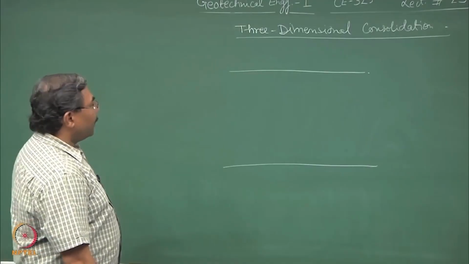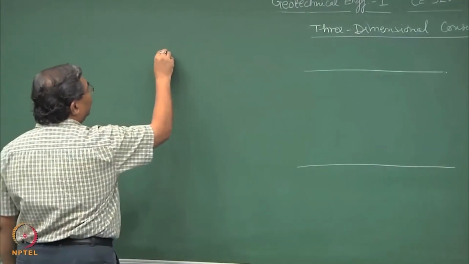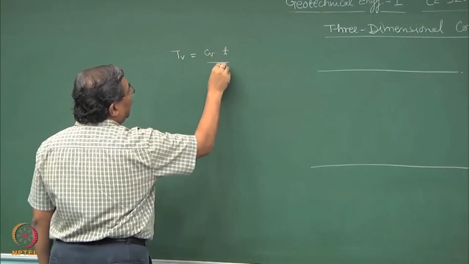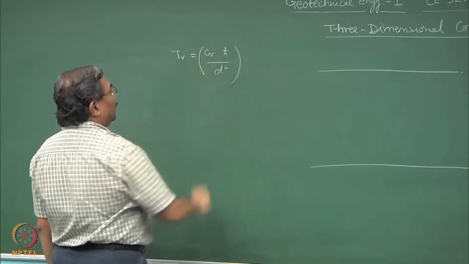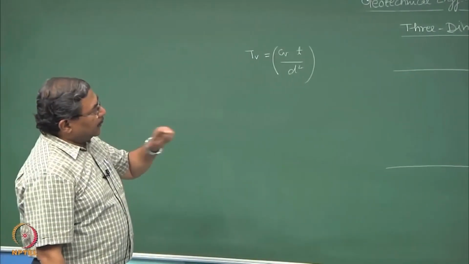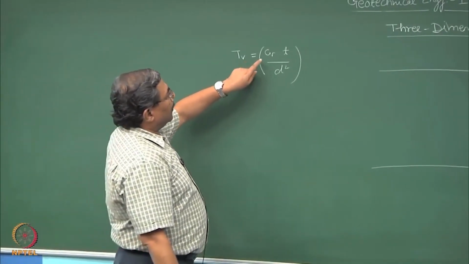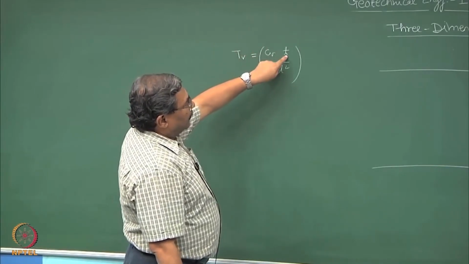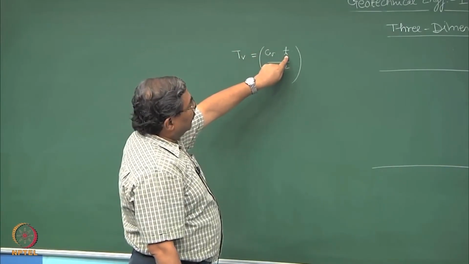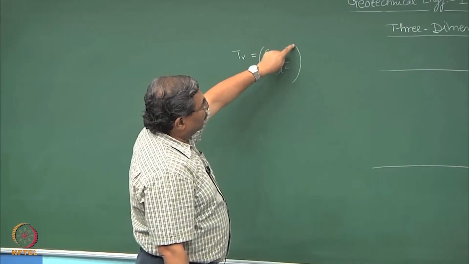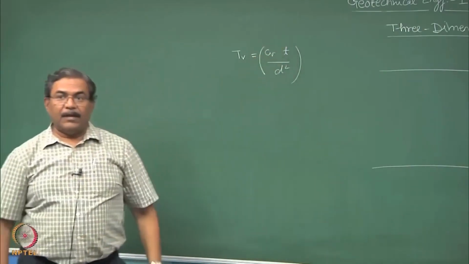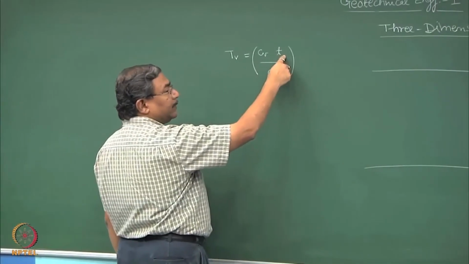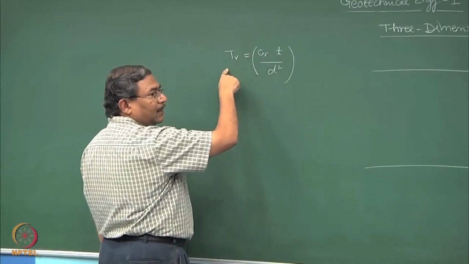Rather, what is done is, if you realize that this equation indicates that if I want to achieve quick consolidation, what I should be doing? For attaining a certain value of consolidation, I require a certain amount of time. Now, if I reverse the problem, that within a certain amount of time, if I want to achieve the same degree of consolidation, what I should be doing?